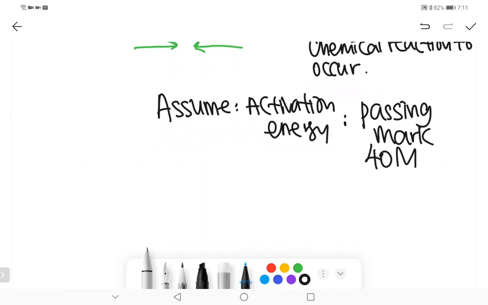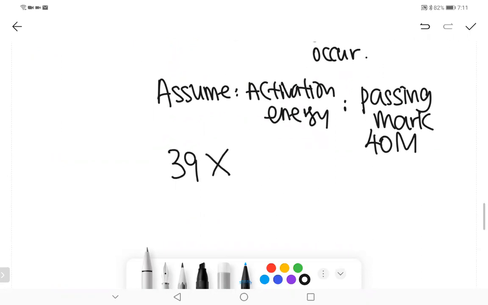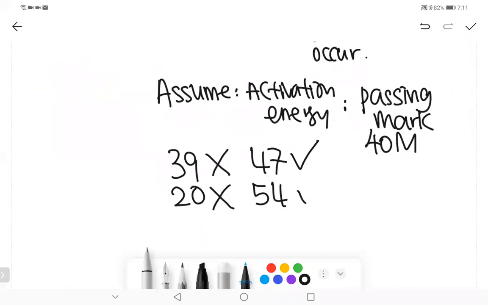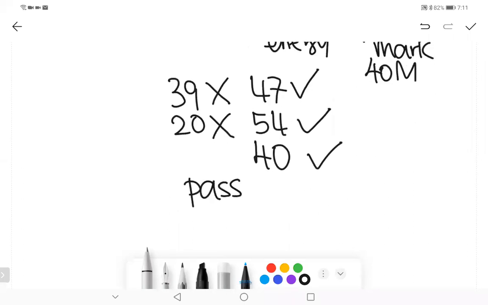Then only you can pass your chemistry. Example, if you get 39 marks, fail. If you get 20 marks, fail. If you get 47 marks, pass. 54 marks, pass. If you get exactly 40, pass. Yeah. So to pass chemistry, you do not necessarily need to score more than 40. Even exactly equal to 40 also can. So if you want to pass, you must score more than or equal to 40 marks.